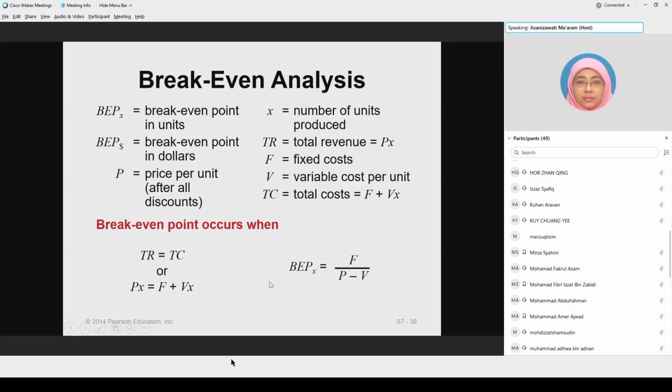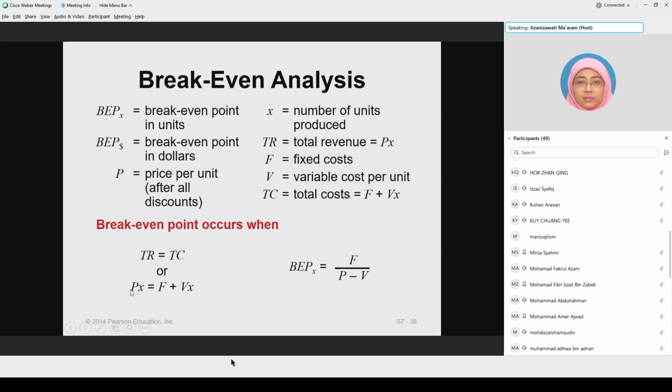So the break-even point, what is it? The break-even point is equal to fixed cost divided by P minus V. Where do we get it?